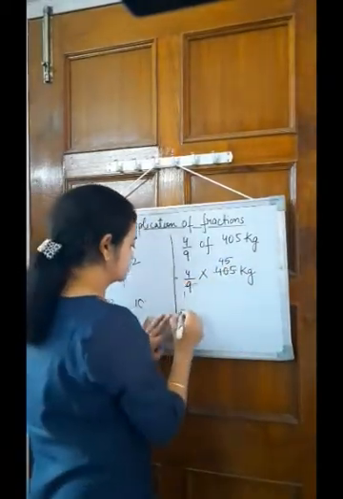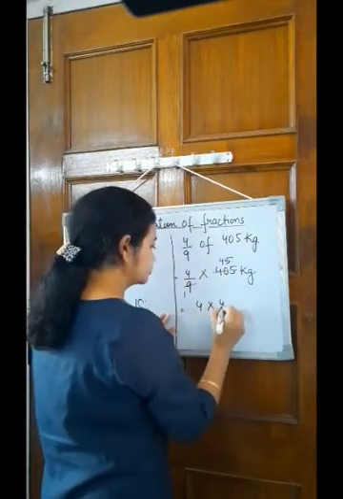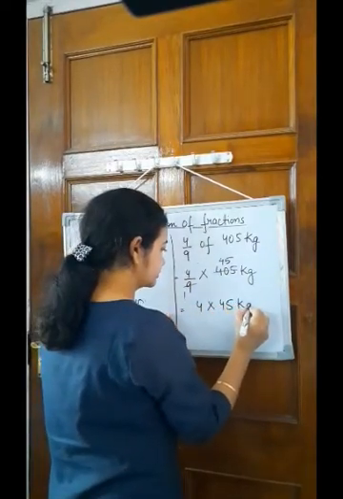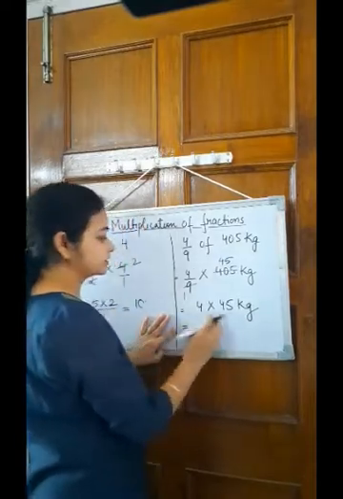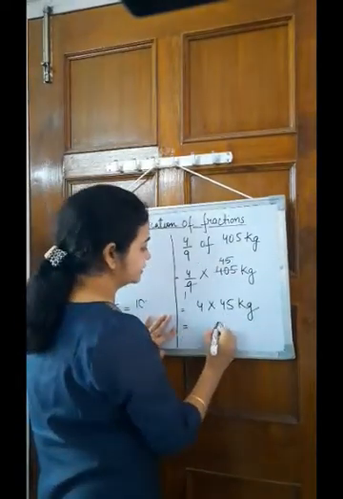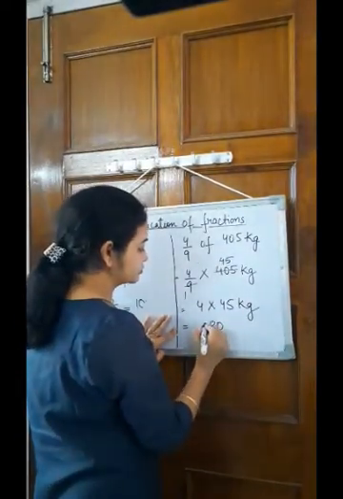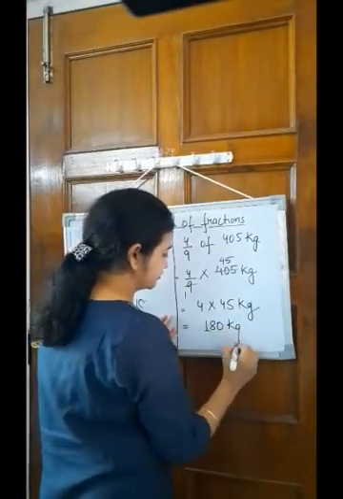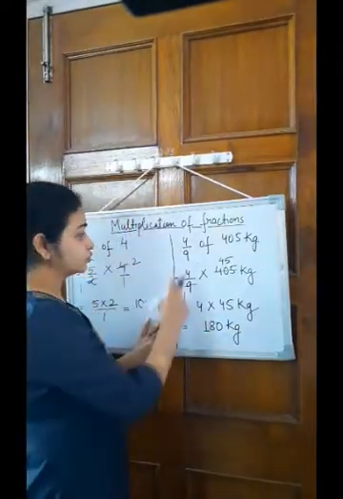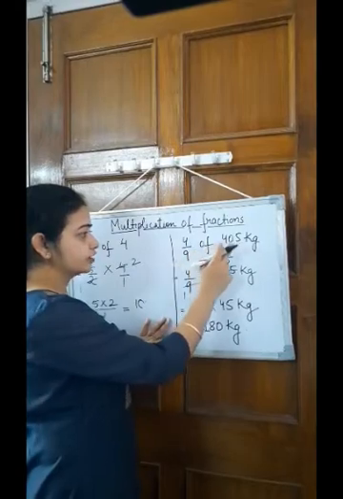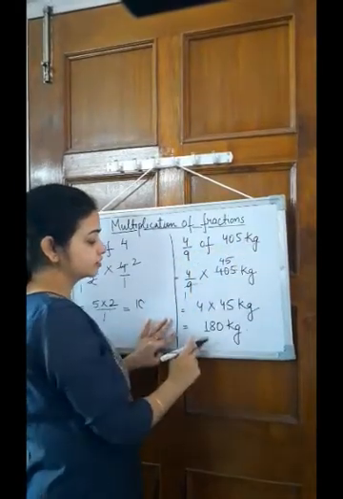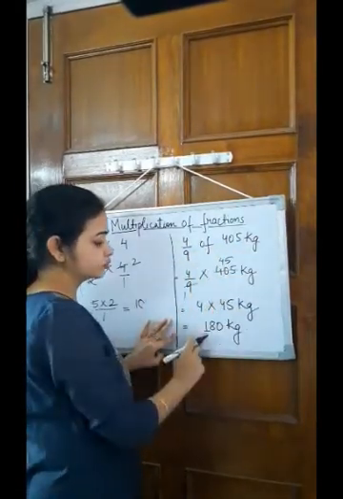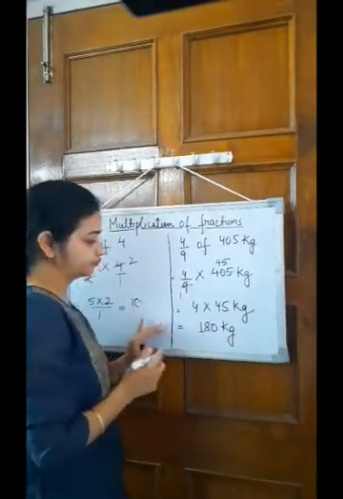Now this is 4 into 45 kg, and this is equal to 180 kg. Okay, so we can say 4/9 of 405 kg is 180 kg.